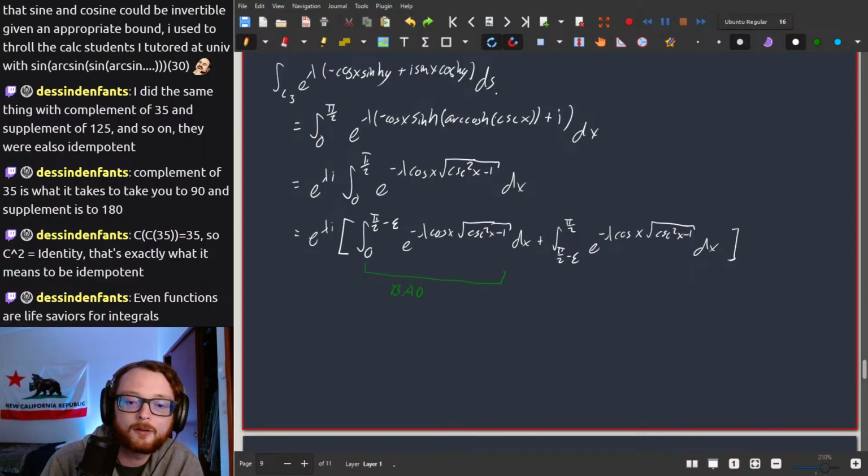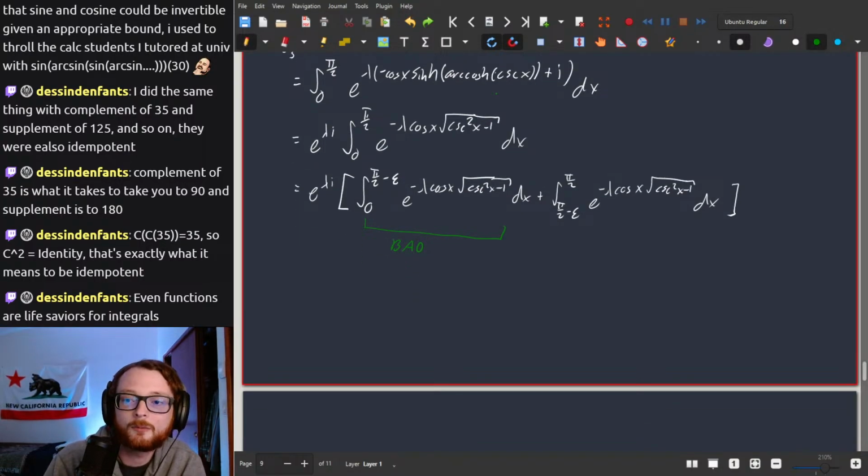So I think if I let u equal pi over 2 minus x, does this accomplish everything I want in my hopes and dreams? I want it to flip the bounds and shift the bounds so it's 0 to epsilon. When x is pi over 2, u is 0.